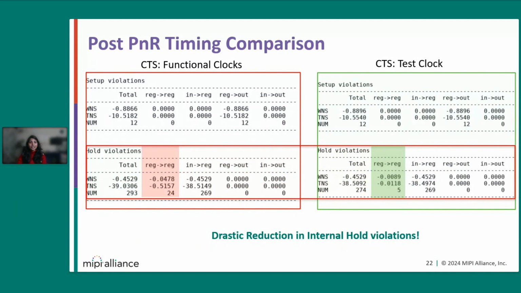If we set our primary clock as the DFT clock, we can have a better implementation result, and here we can see that our hold violation is almost 50 times less than in the functional case.